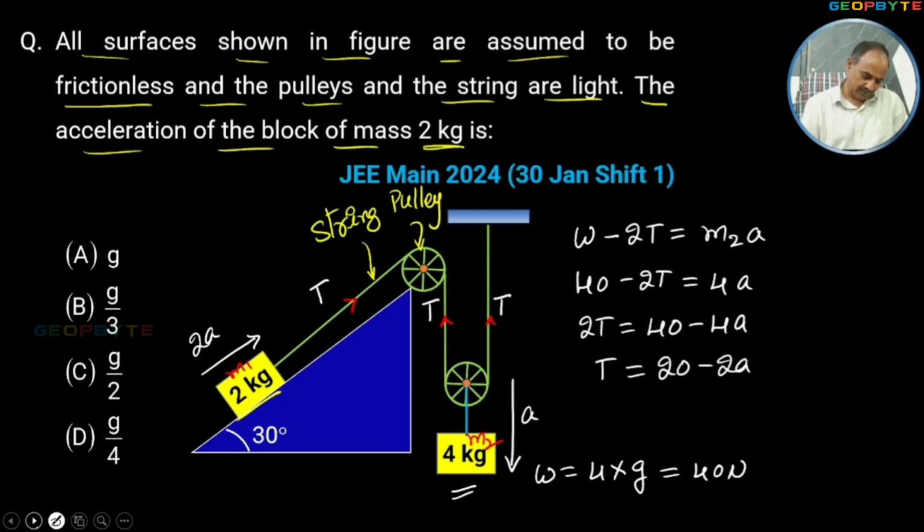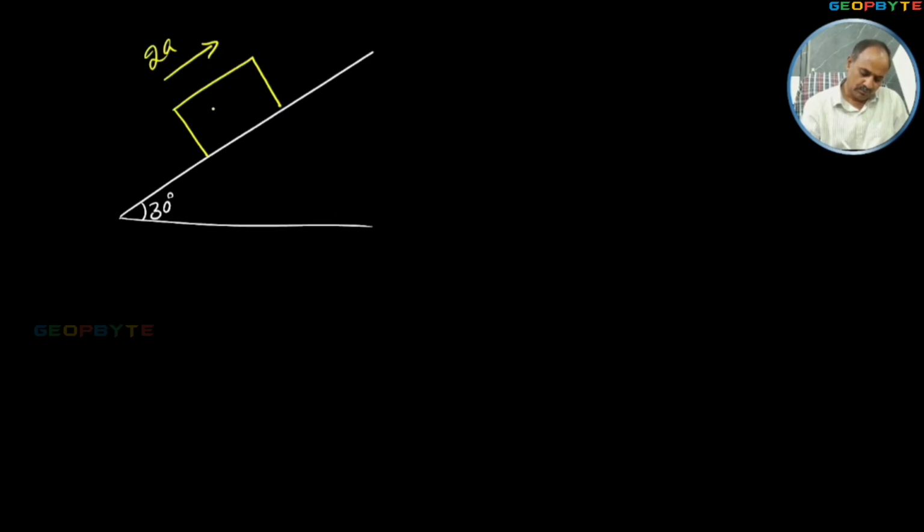This is given 30 degrees, not centigrade, 30 degrees only. Here the mass is kept. It is accelerating with 2A. The value of mass is 2 kg.